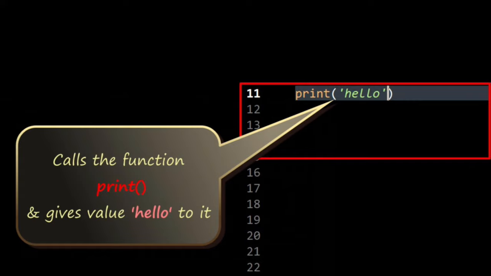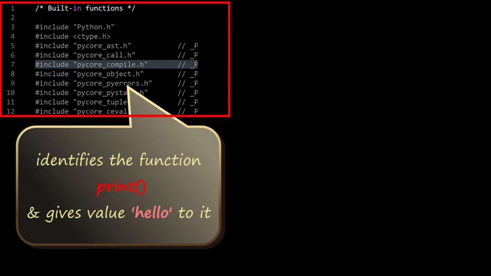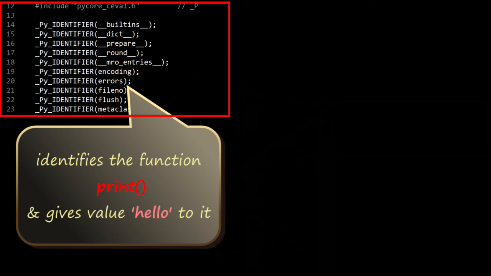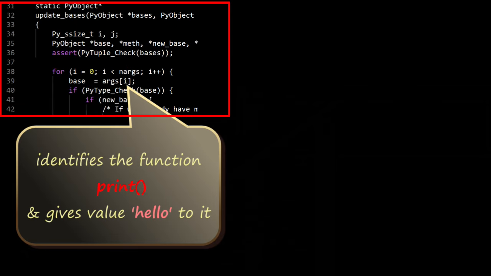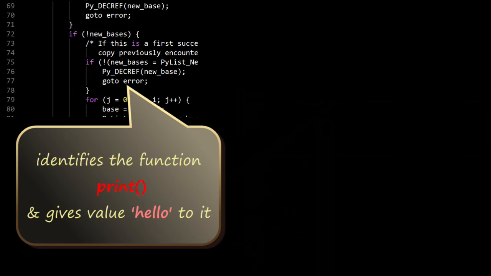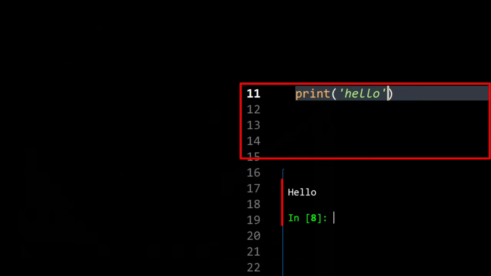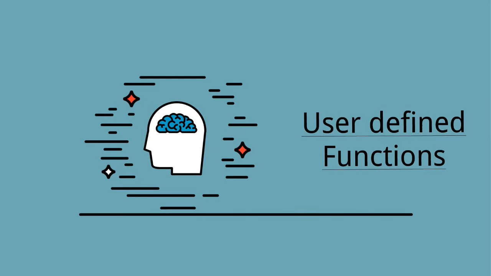Here the print is a built-in function, so it will search the built-in function, a big program which will run on the background, and identifies the function print and hand over the value hello to it. The program will get executed and the message hello is displayed on the screen.